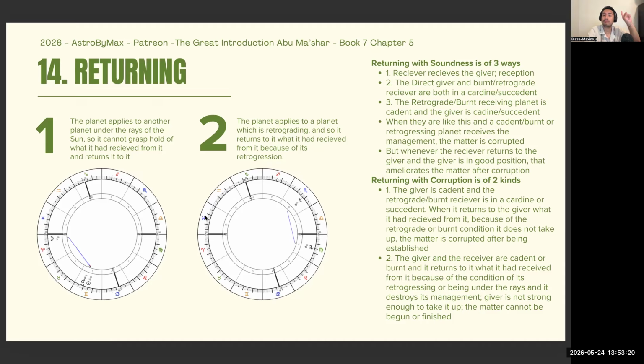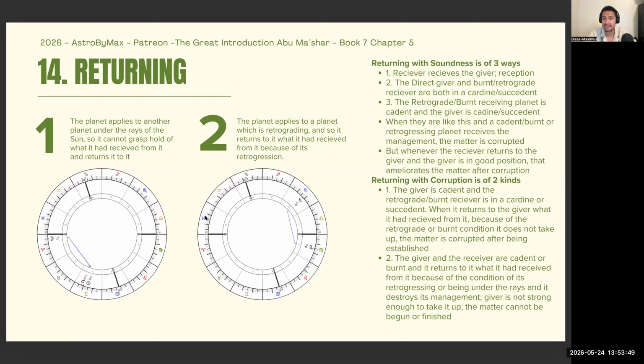If the retrograde or burnt receiving planet is cadent, so that weak planet is cadent here, and the giver is in a cardine or succeedent house, so this is a planet giving management with strength to a planet who is weak here.